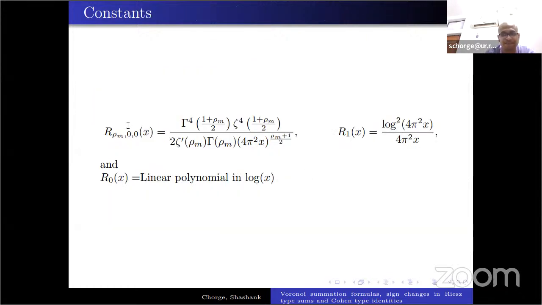I mean to say, zeta prime of rho m, there is not much known about these values. So extending it to a higher region was very, very hard, and that's why we had to go by a different approach, and eventually we found the summation formula for that.